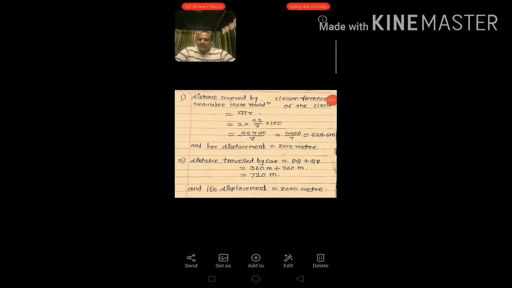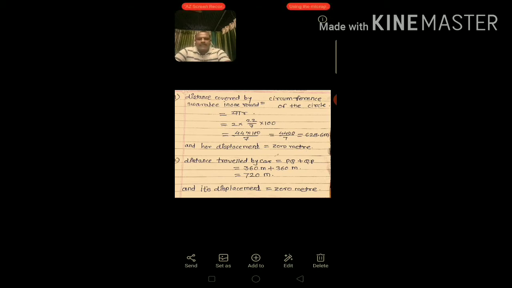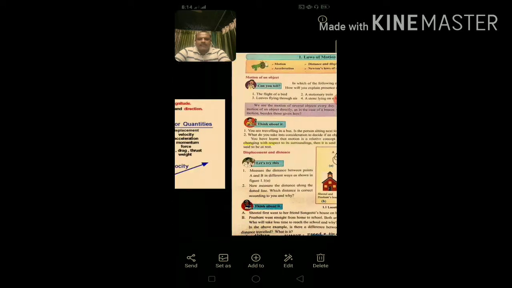Now the second point is speed and velocity. Before this, what is meant by vector and scalar? A scalar quantity has only magnitude, and a vector quantity has both magnitude and direction.